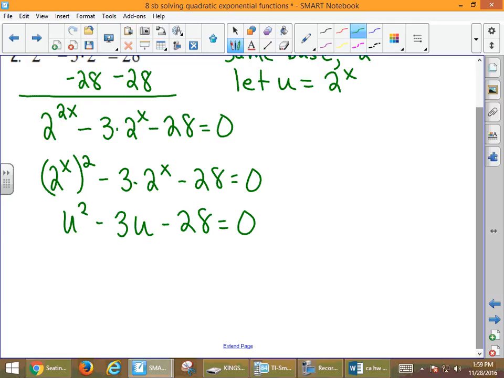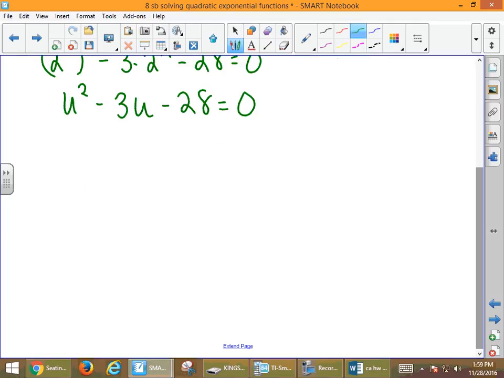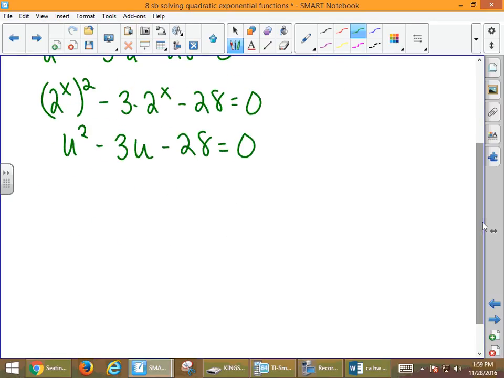We're going to factor for our next step. Much easier to factor with u's than the 2 to the x's. And it's u and u, 7 and 4, minus and plus. And again, I hope that you can just tell me that u equals 7 and u equals negative 4.